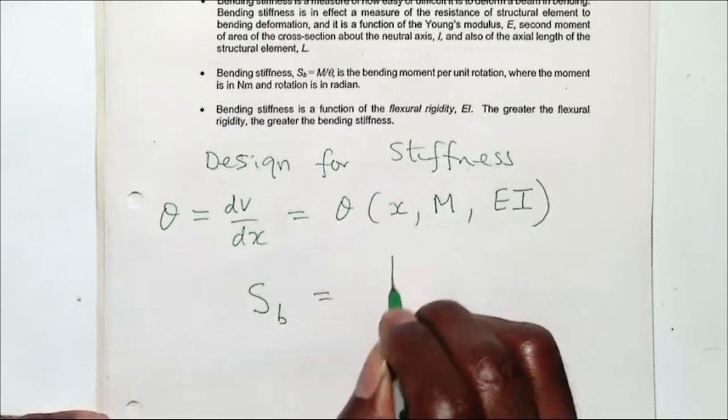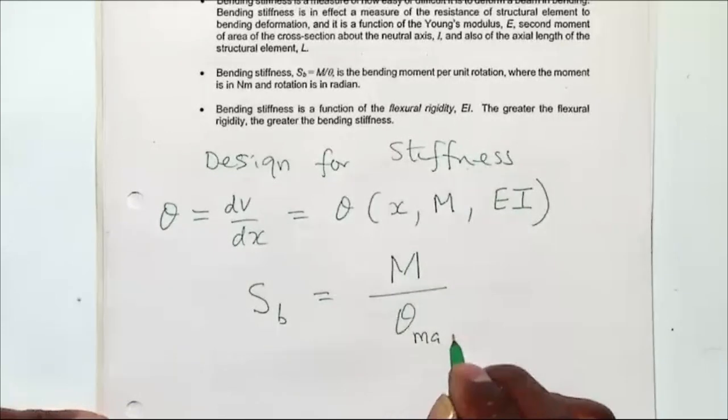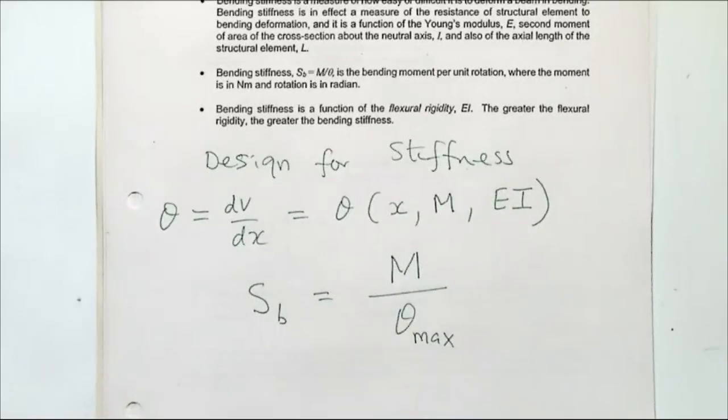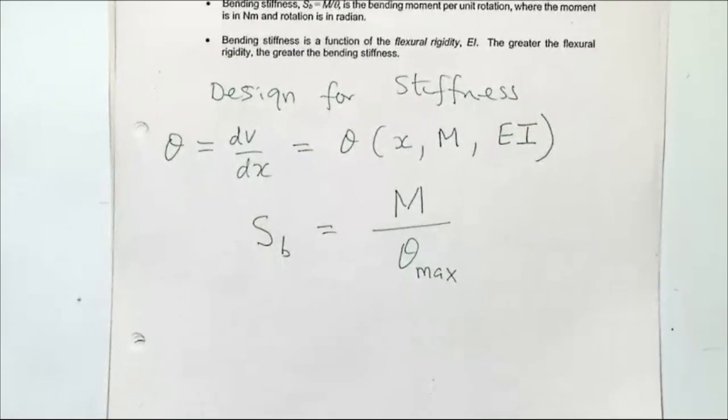That will be the magnitude of the bending moment divided by the maximum rotation that you get. If your bending stiffness is very high, then it means that the beam is more resistant to the applied bending load that you've given to it. So it will not deform much. If your bending stiffness is very low, then it will deform quite a lot.